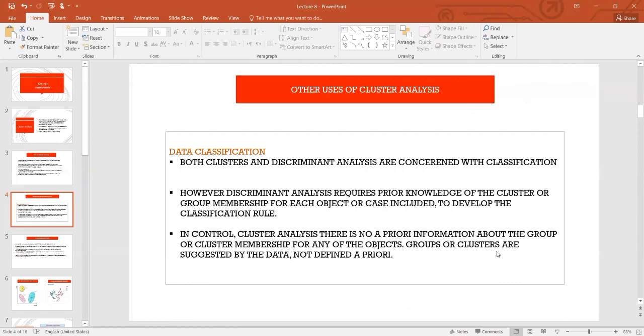In contrast, in cluster analysis, there is no prior information about the group or cluster membership for any of the objects. Groups or clusters are suggested by the data, not defined a priori. discriminant بيكون احنا عنا variables ونعرفهم، أما بالكلاستر لا، في أرقام ما معنى إياها في variables ما معنى الأرقام اللي إلهم.